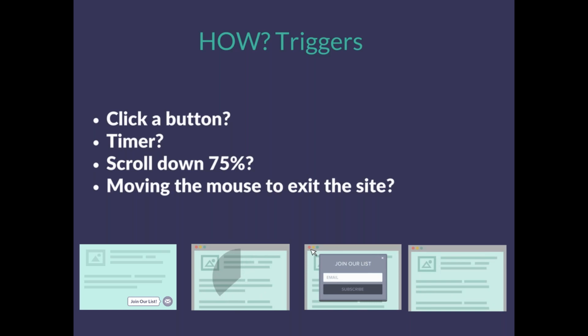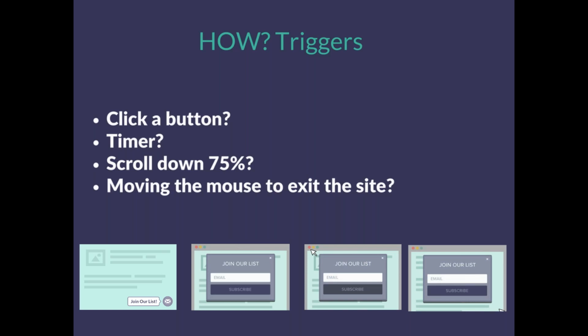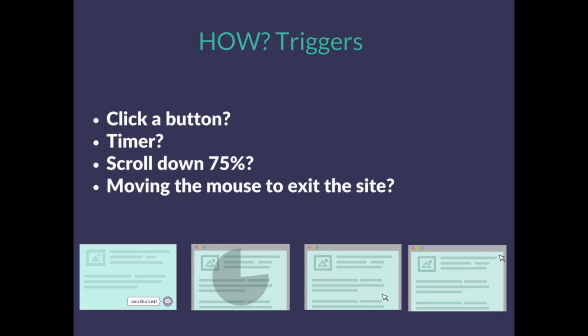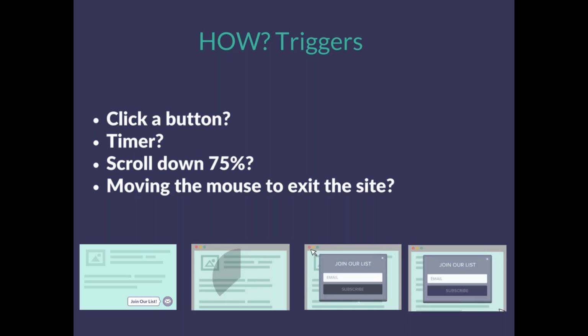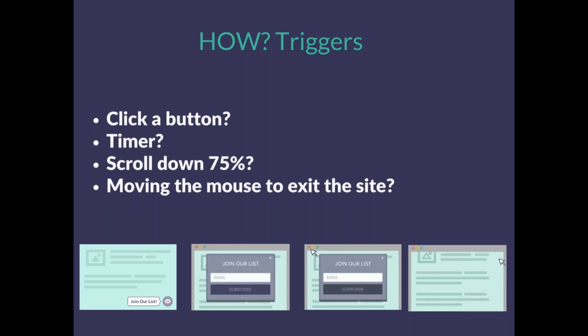Maybe they're on your site for 30 seconds, or maybe they're on a certain blog post and they scroll down 75% of the way. Or maybe they're on a specific product page and they're moving their mouse towards closing down your website. Those are the different types of triggers that you can apply in order to present your opt-in form to the right audience.